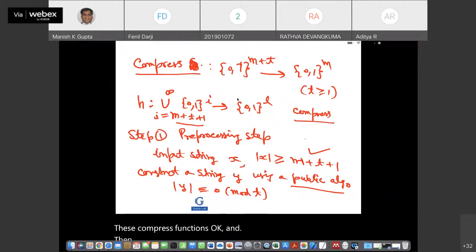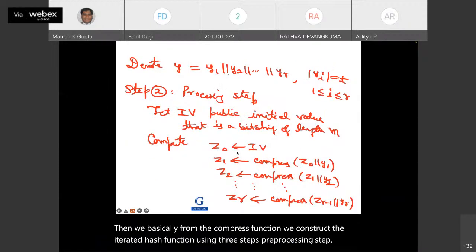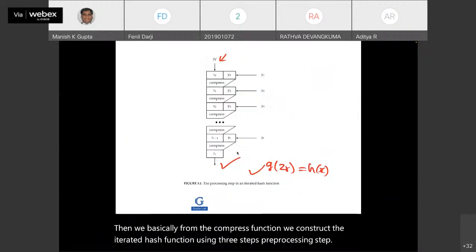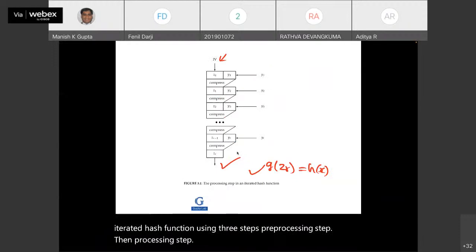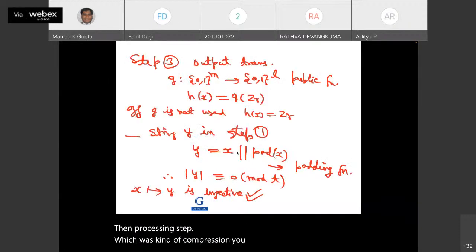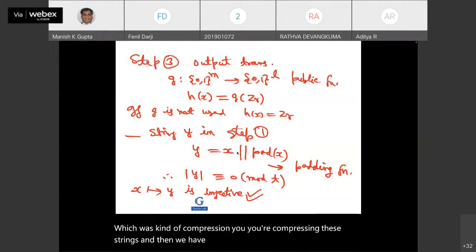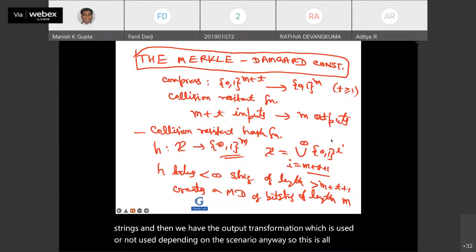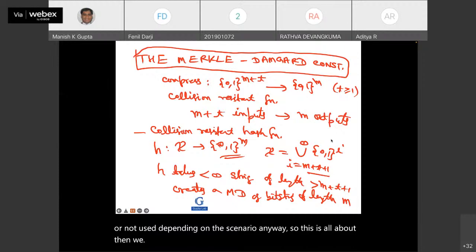From the compress function we construct the iterated hash function using three steps: a pre-processing step, then a processing step, which is kind of compression, where you're compressing the strings, and then the output transformation, which is used or not used depending upon the scenario.